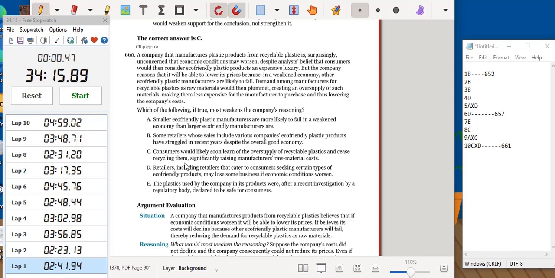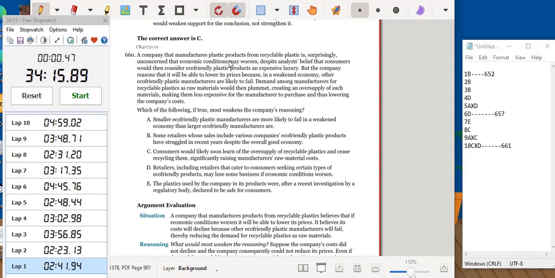Okay, where did it go wrong? A company that manufactures plastic products from recyclable plastic is unconcerned that economic condition may worsen, despite analysts' belief that consumers would then consider eco-friendly plastic products an expensive luxury because it costs more.